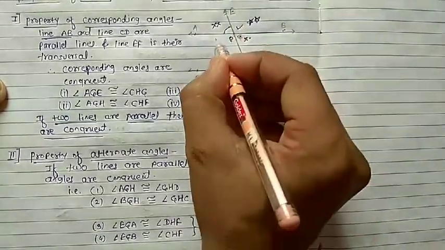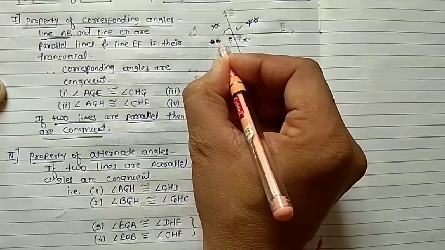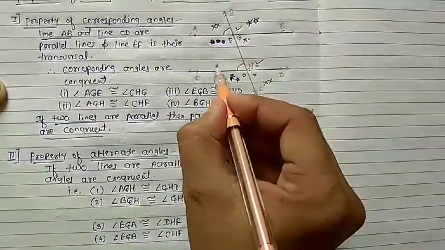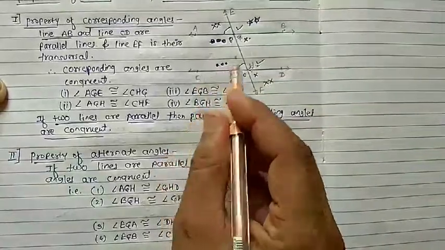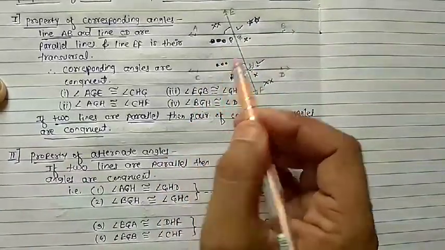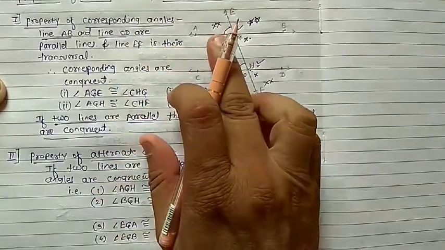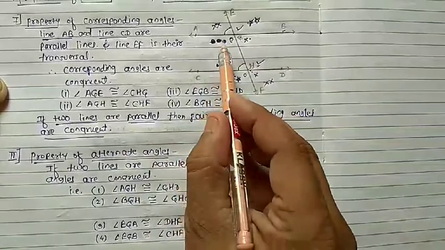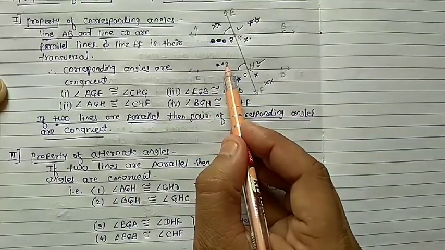So this angle AGH and this angle GHC are the two interior angles to the same side of the transversal. These two angles are supplementary, which means the sum of these two angles is equal to 180 degrees.